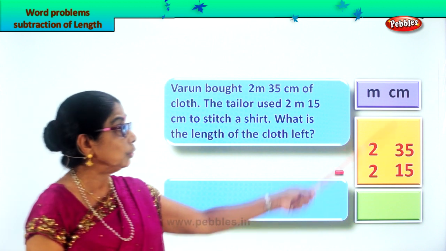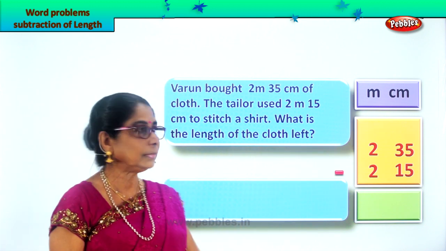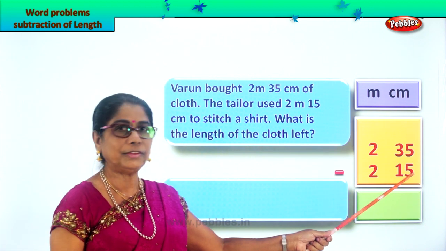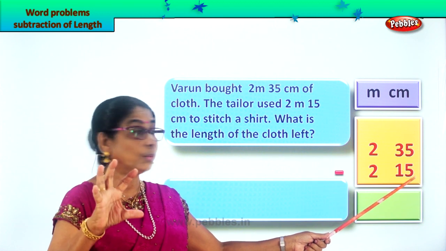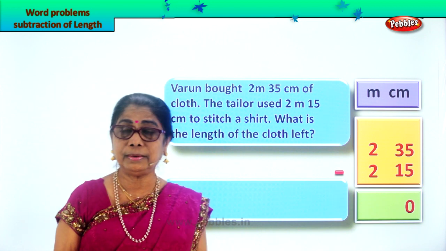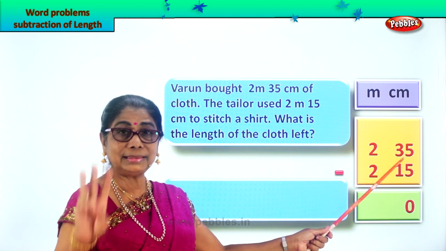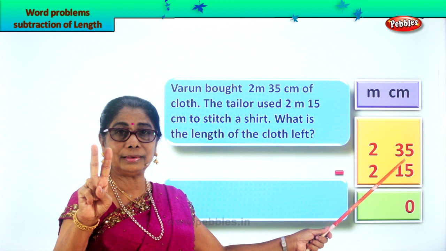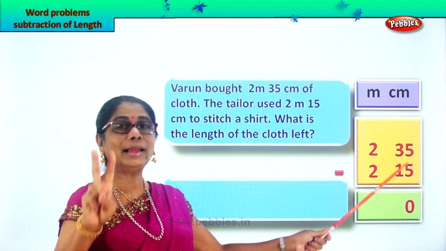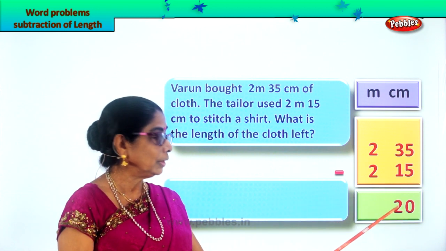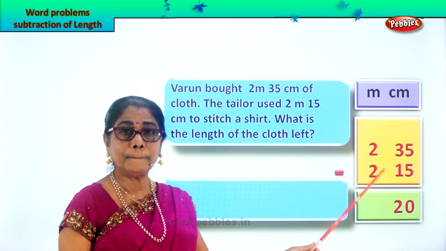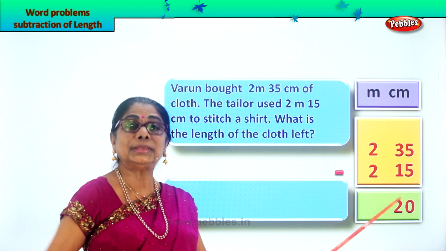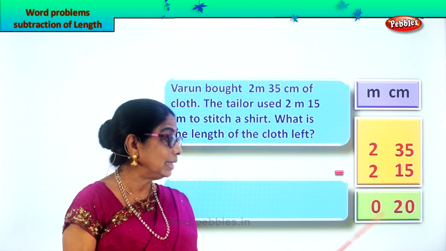Okay, let's go to the centimeters. 5 take away 5. 5 minus 5 is 0. So we write down 0 here. 3 minus 1. 3 take away 1 gives you 2. So we write down 2. In the meter side, you have 2 minus 2. That is 0. 2 take away 2 is 0.